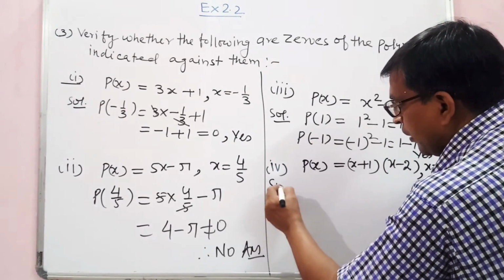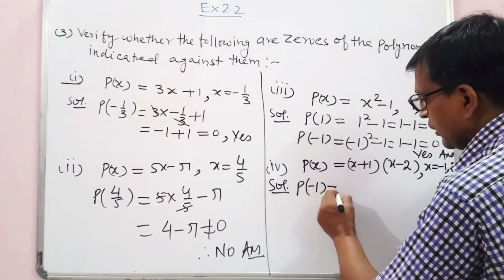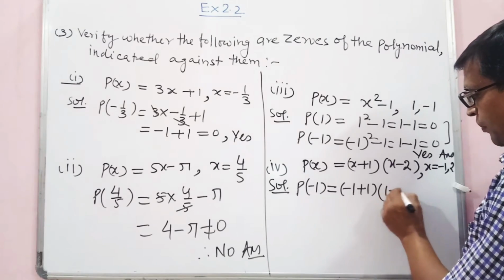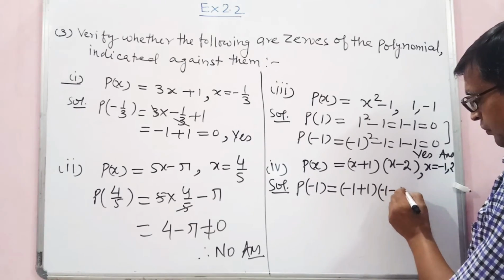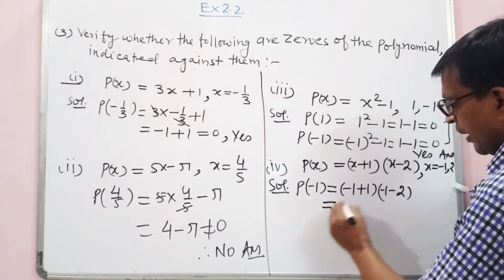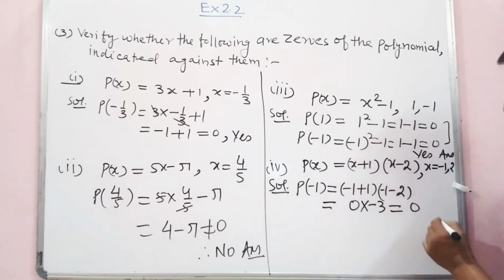Now x equal minus 1 and 2 is there. Then first we write down P x value minus 1 plus 1, minus 1, minus 2. Minus 1 and 1 is 0, into minus 3 equals 0.